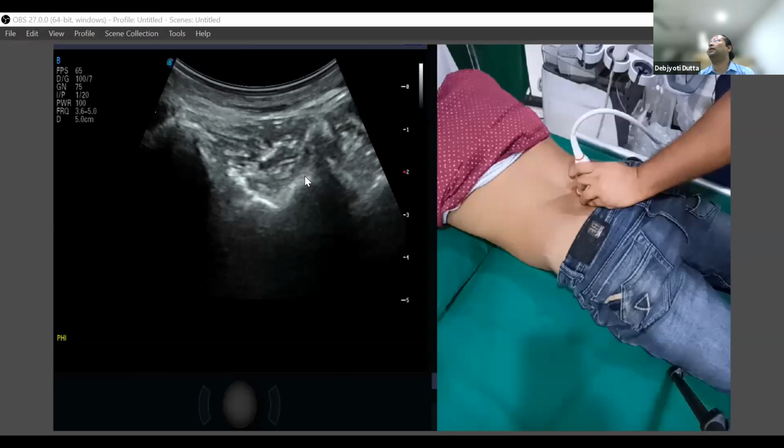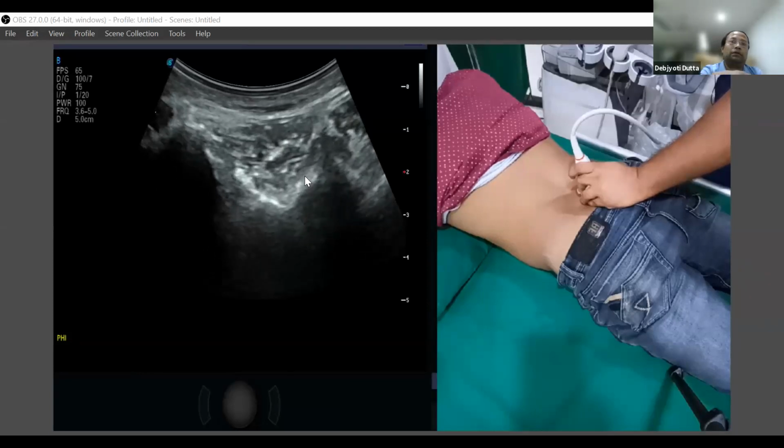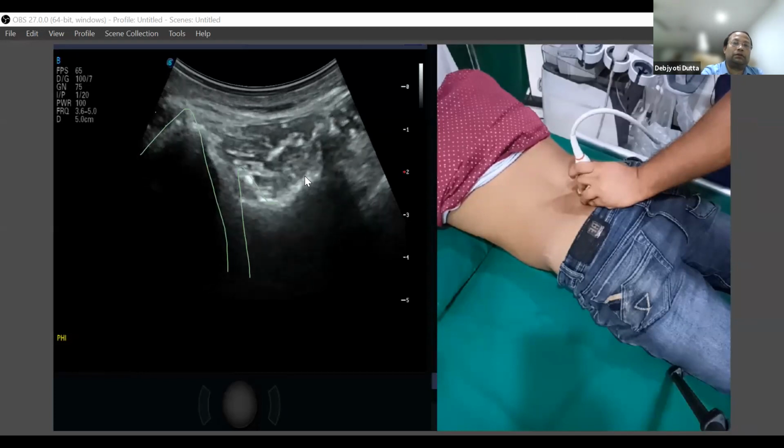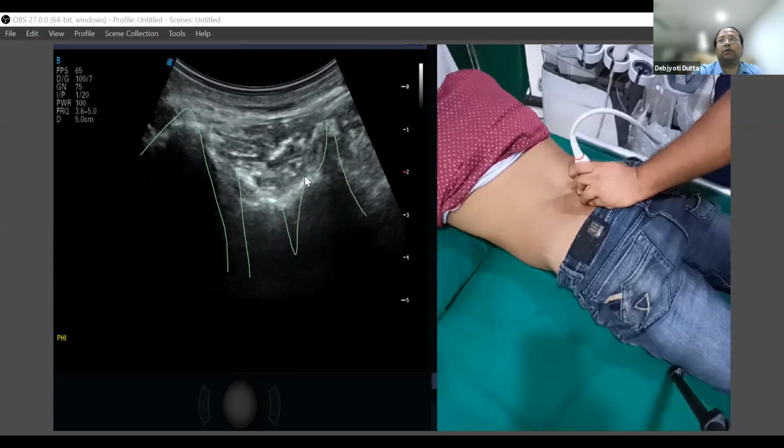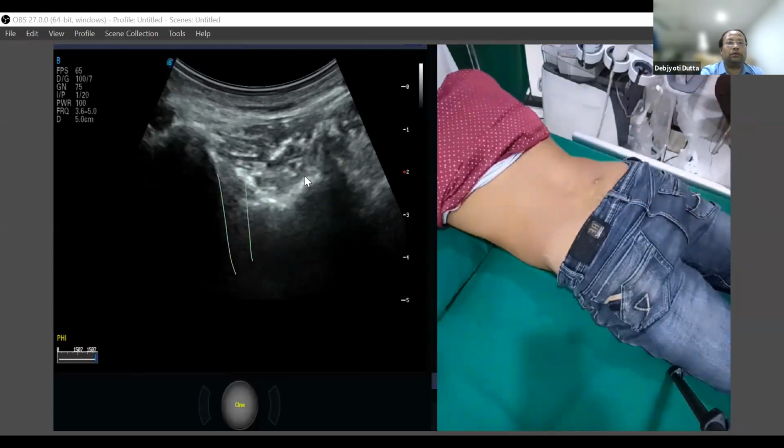Now we are coming towards the left side. Now can you see in two areas? Now it is very much clear which one is the sacroiliac joint and which one is the S2 foramina and which one is the spine. Clear?